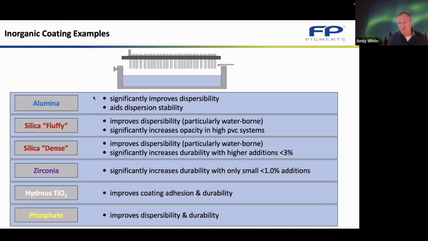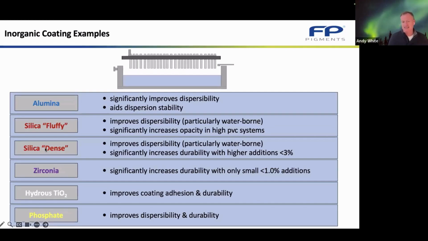So that fluffy silica will be used for that. That's the time when you're probably going to get 15% of the surface treatment when you have this fluffy silica. Grades like 931 from Chemours, 2044 from Kronos, those are the ones that have that sort of silica.